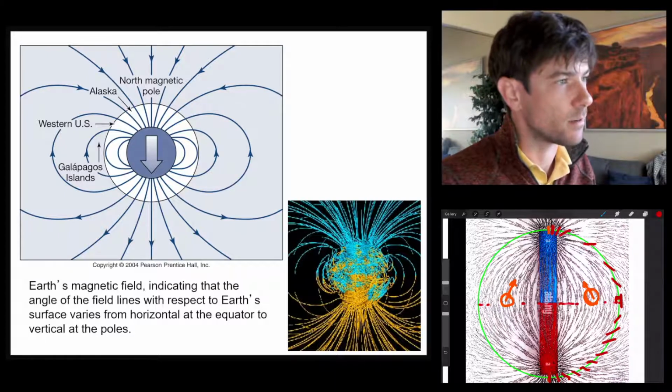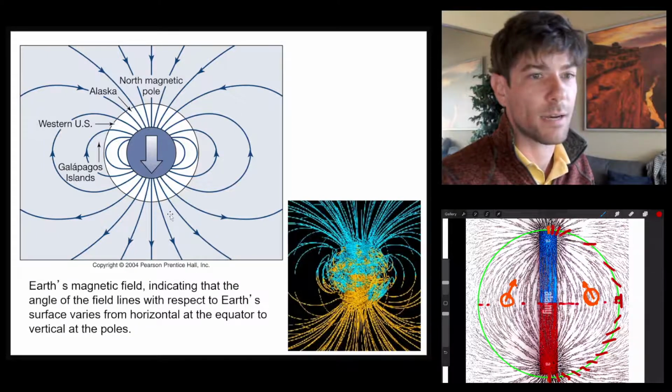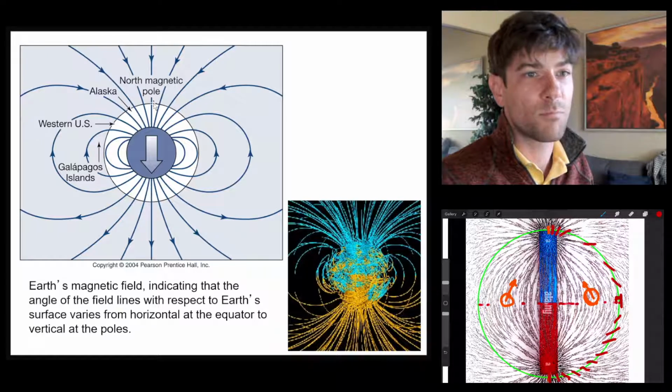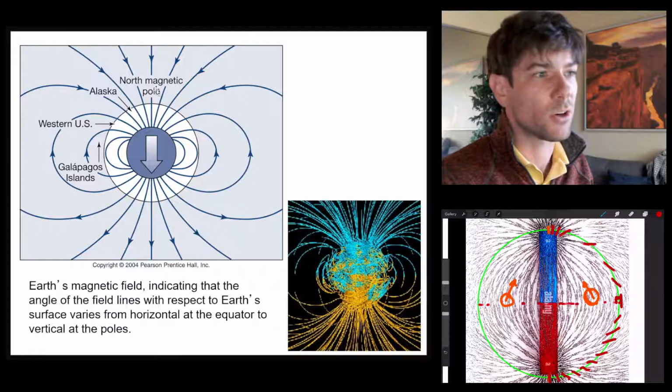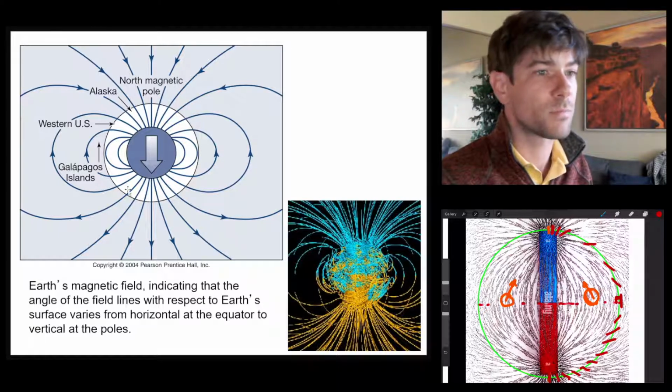This is just a nicer, infographic-style drawing. The field lines are coming out more or less perpendicular to the surface at the poles, and at the equator they're more or less horizontal. In between the two, the steepness gradually increases.